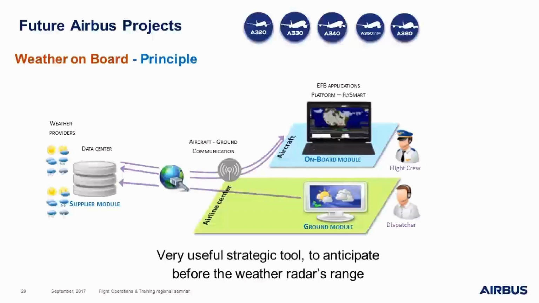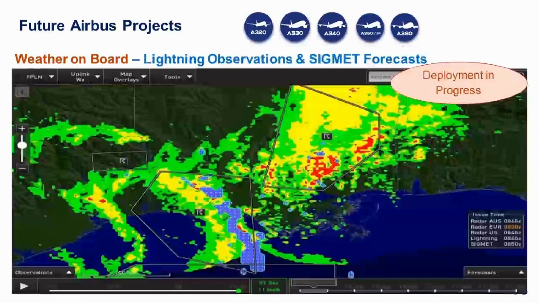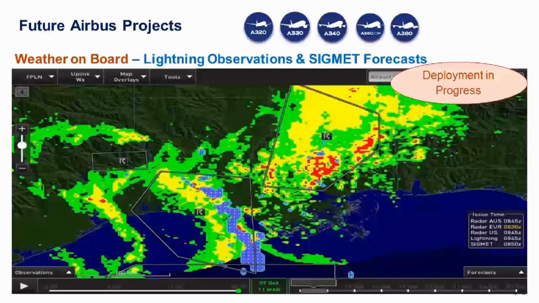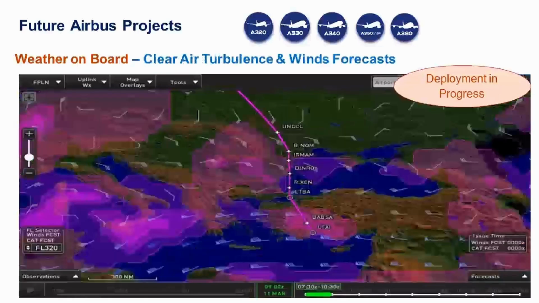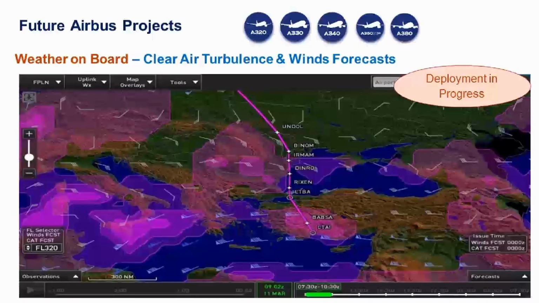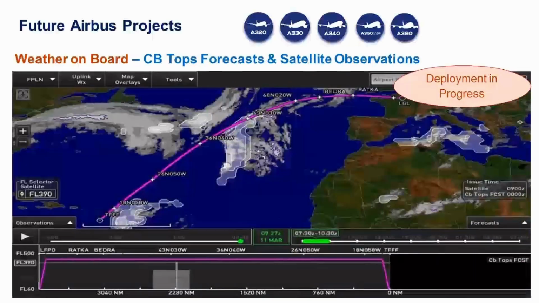It is a very useful strategic tool in order to anticipate things before the weather radar's range. The weather on board application is already being deployed on some aircraft today. For example, it provides lightning observations, SIGMET forecasts, clear air turbulence and winds forecasts, CB-TOPS forecasts and satellite observations.